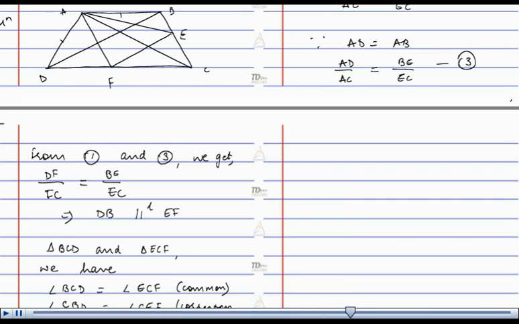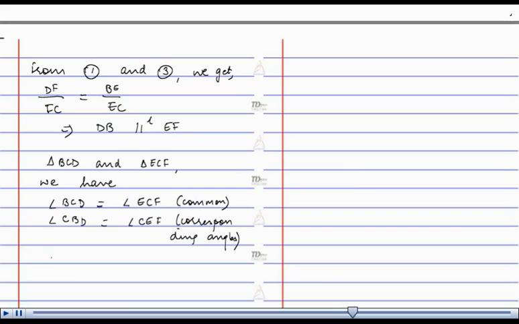Therefore, by AA property, we get that triangle CBD is similar to triangle CEF.